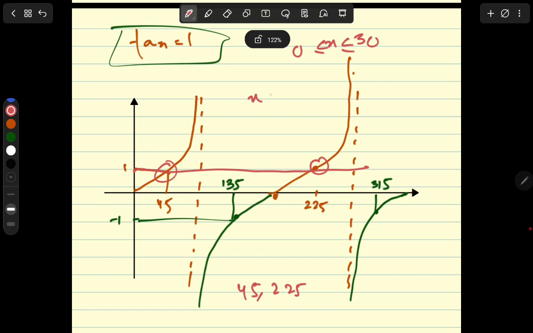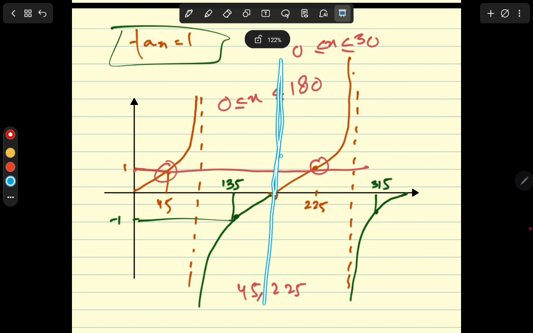But what if your domain was restricted between 0 and 180 degrees? If we put a restriction here at 180 degrees, then you can see that now there is only one solution here. So your only answer is going to be 45 degrees.